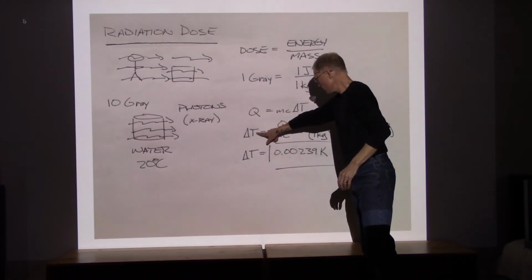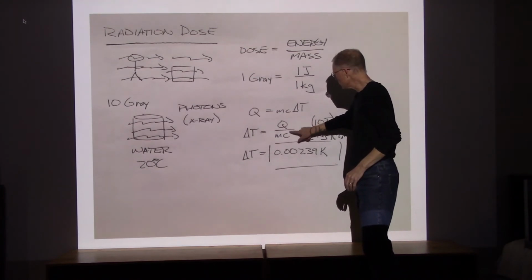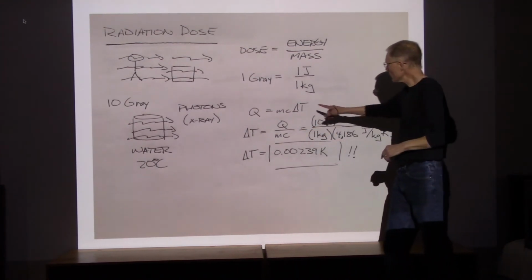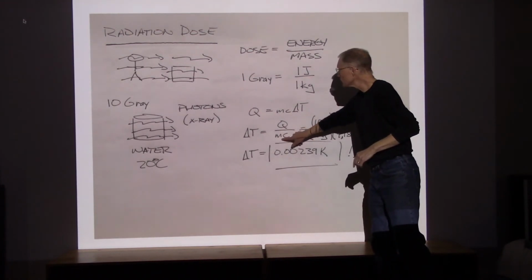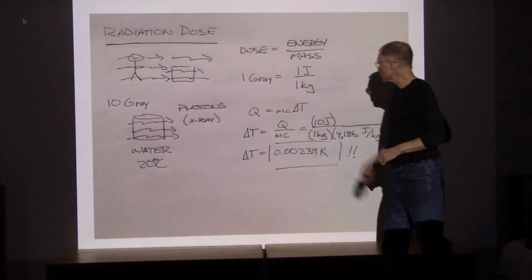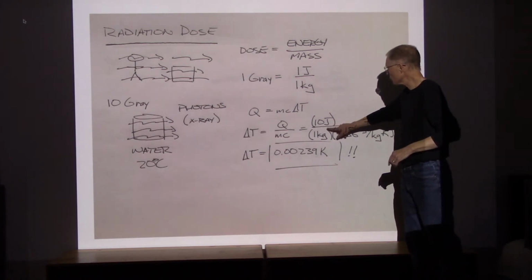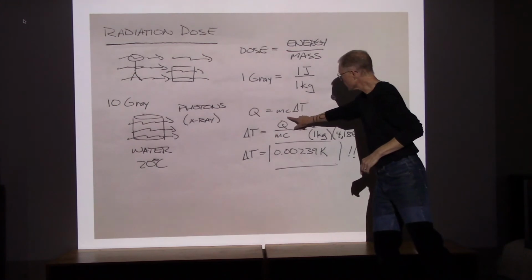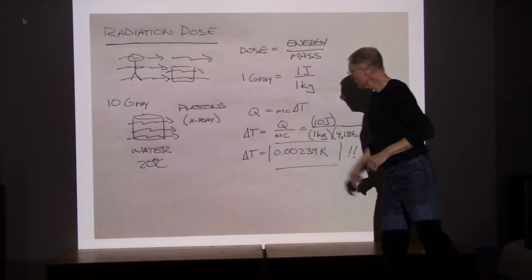So I solve this as ΔT is Q divided by mc. And for the Q and for the m, what I put in was the lethal dose. I said, okay, 10 joules per kilogram, that's going to take care of Q and m in the calculation.